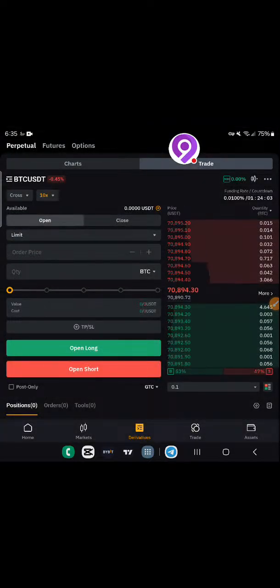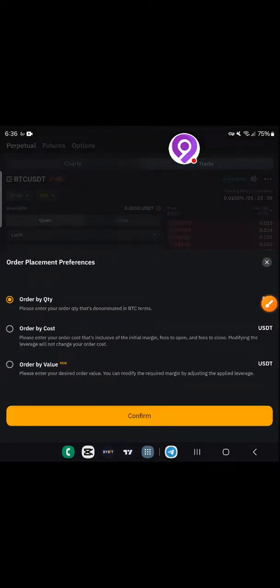Now, if you click on this, it's going to show you 3 options. You can set your margin based on the quantity in BTC, which is usually confusing for a lot of traders.